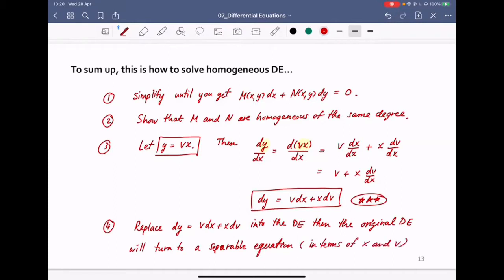All right, this is all the theory part for homogeneous differential equation.